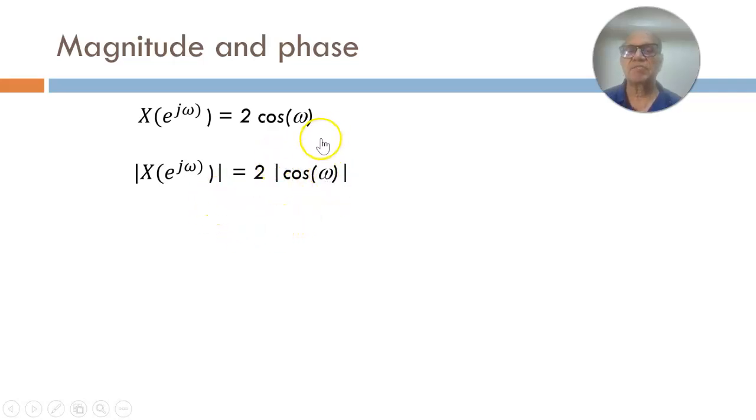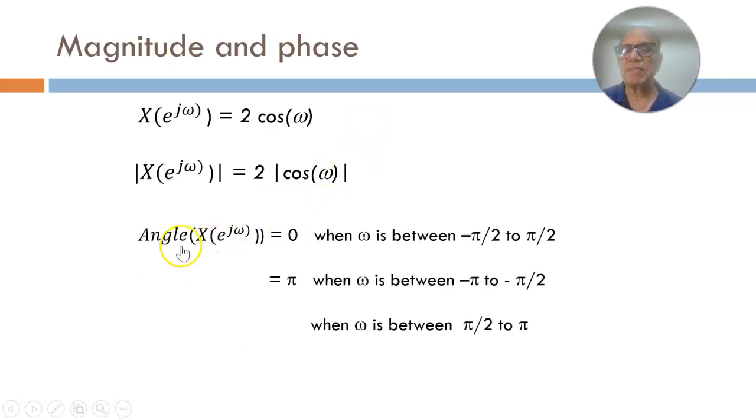What about the phase? Now, although the imaginary part is 0, note that cos omega itself will be either positive or negative, which will mean that the phase will be either 0 or 180 degrees. So let us write the various equations for the phase angle. This will be equal to 0 when omega is between minus pi by 2 to plus pi by 2.